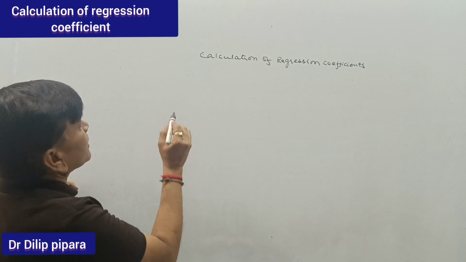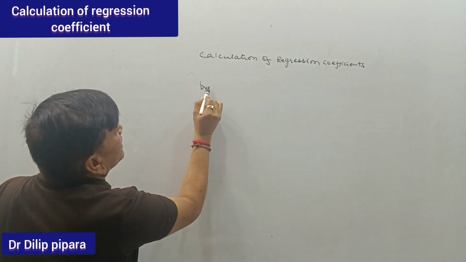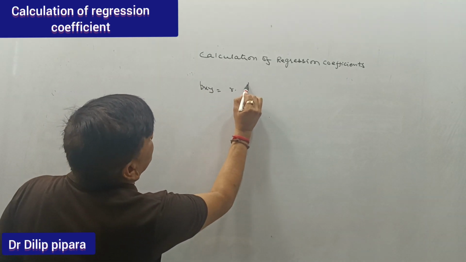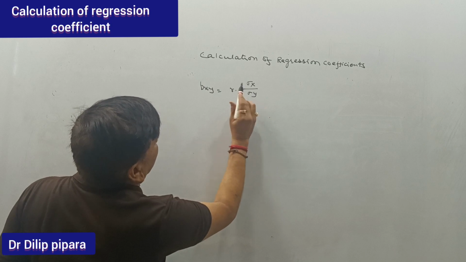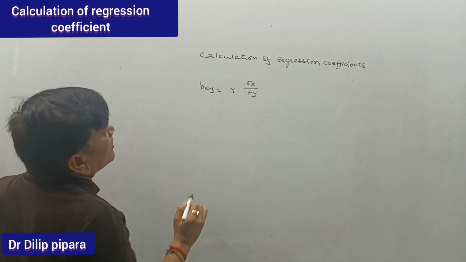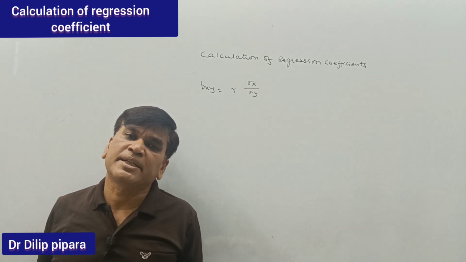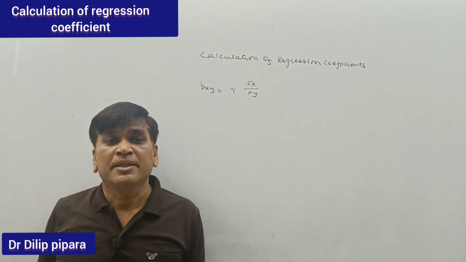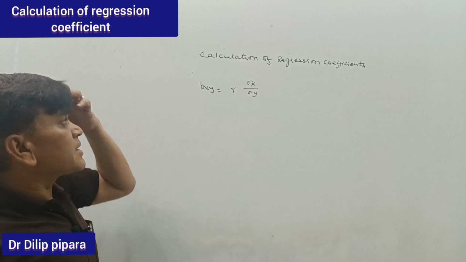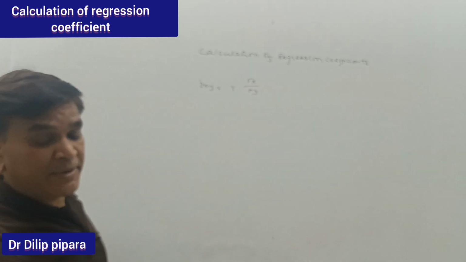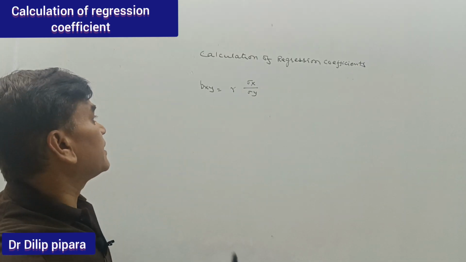As we know, the regression coefficient bxy is r multiplied by standard deviation x upon standard deviation y. Already we know the first regression coefficient is bxy and the second is byx.